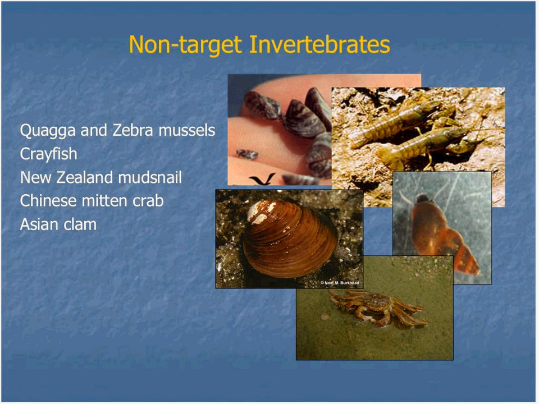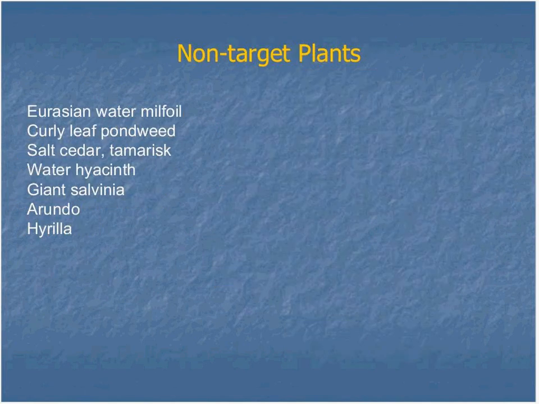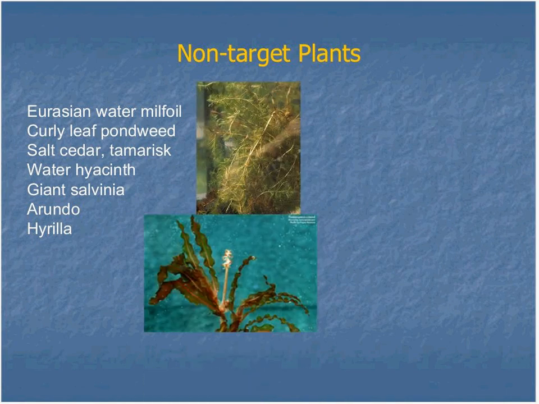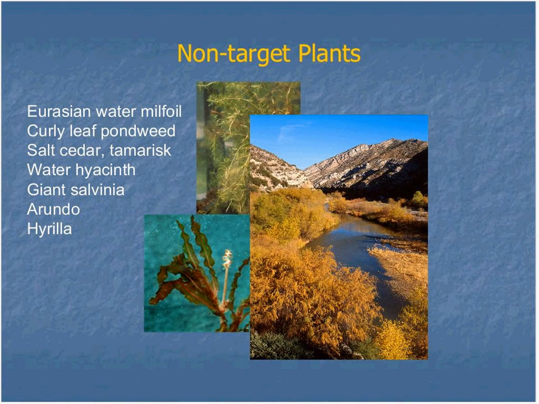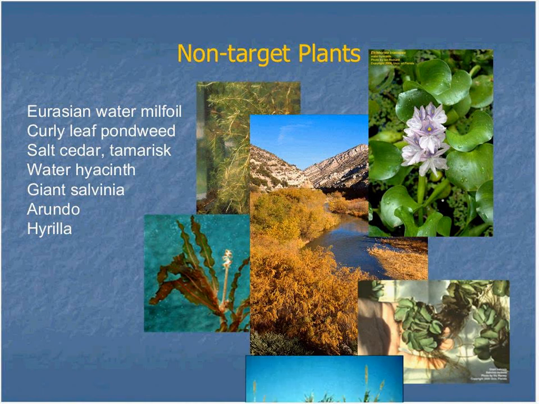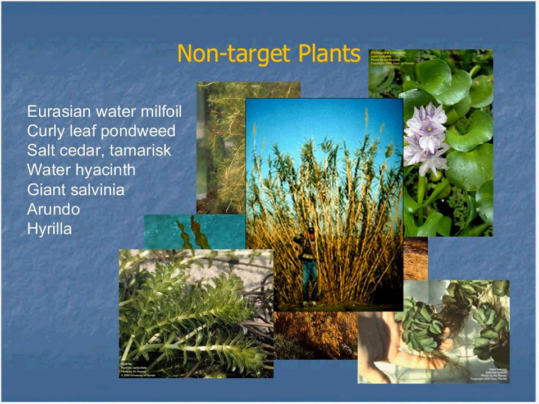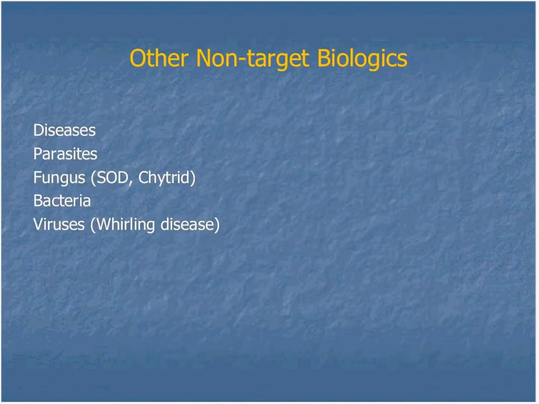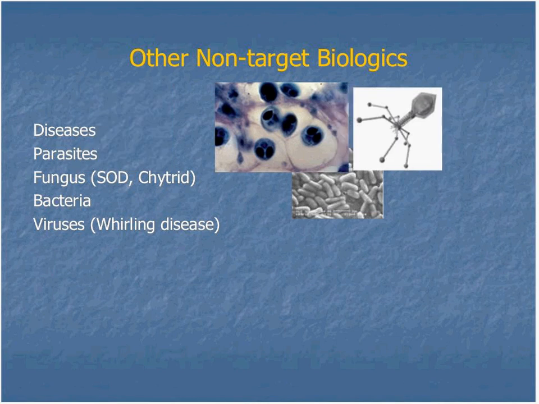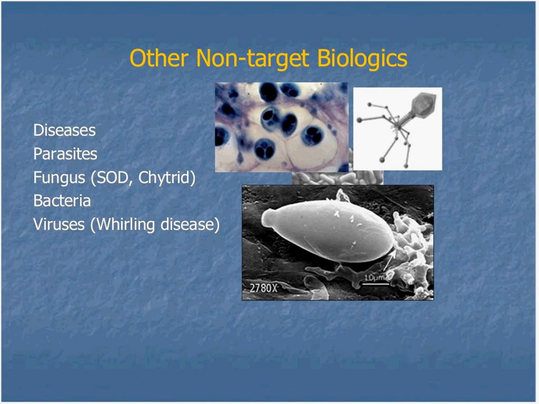These are just a few examples. There are quite a few others that are out there. Here are some non-target plants: water milfoil, curly-leaf pondweed, salt cedar tamarisk, Salvinia, arundo, hydrilla, and biologics, diseases, fungus, bacteria, and viruses.